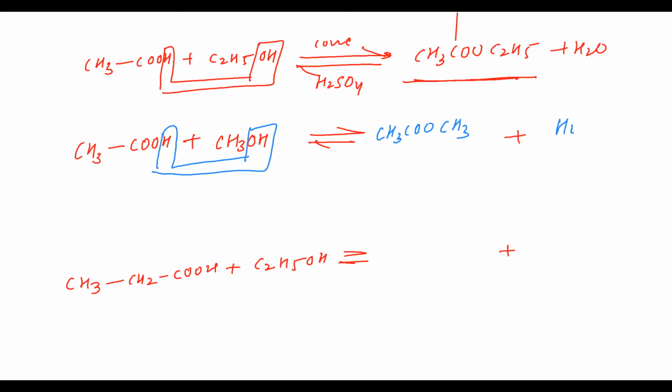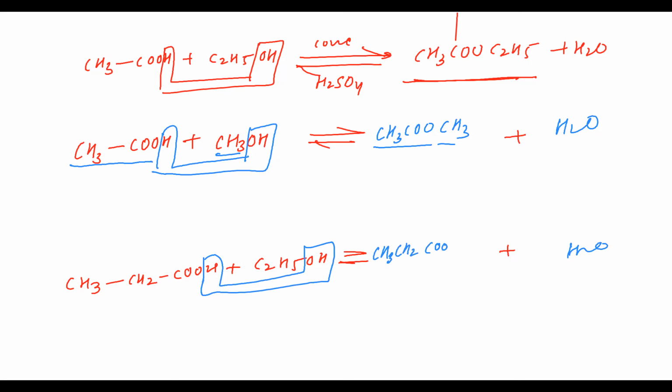What is left here: CH3 C double O CH3. And in the same way H2O is going out here. This is H, here is OH, this is out. So what is left: CH3CH2 C double O C2H5.